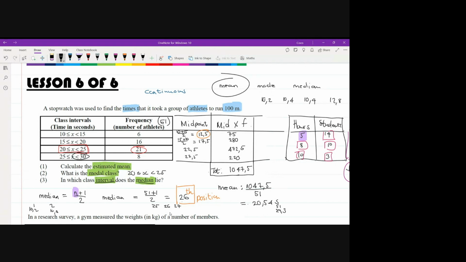If there are 51 data values, the person sitting in the 26th position is going to split my data exactly in half. So there'll be 25 values below this person, and 25 values above this person.